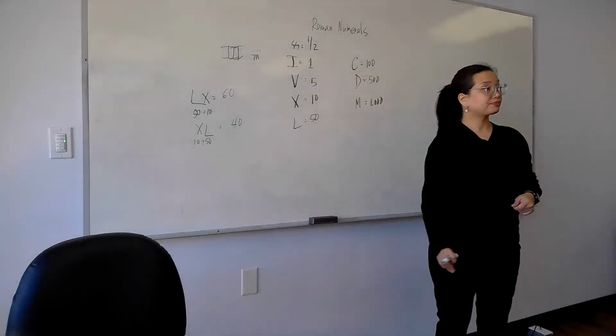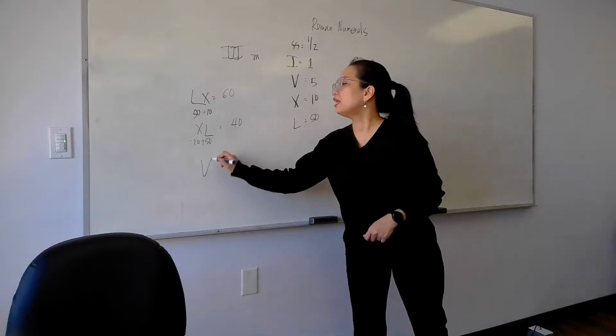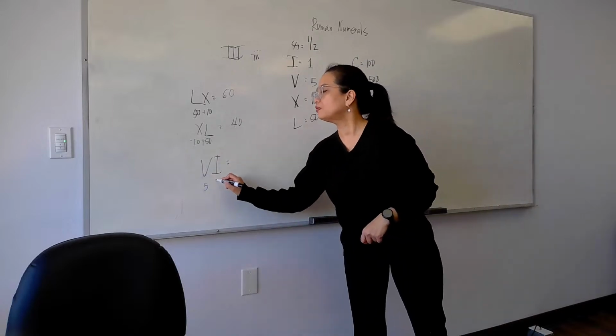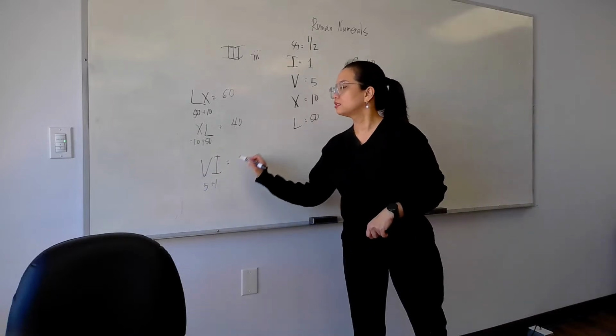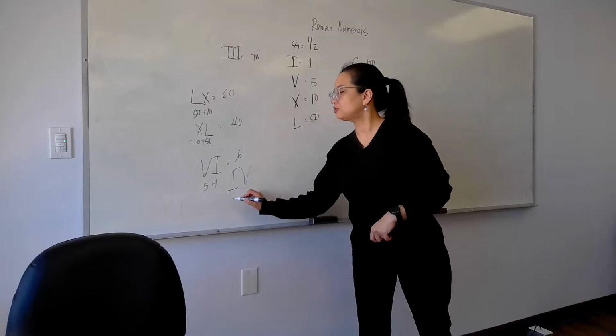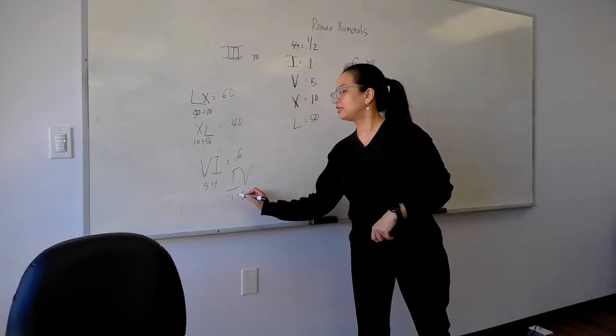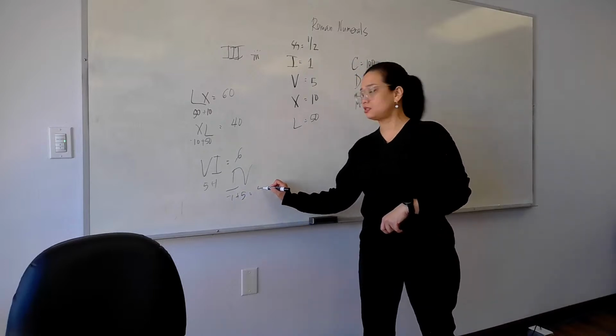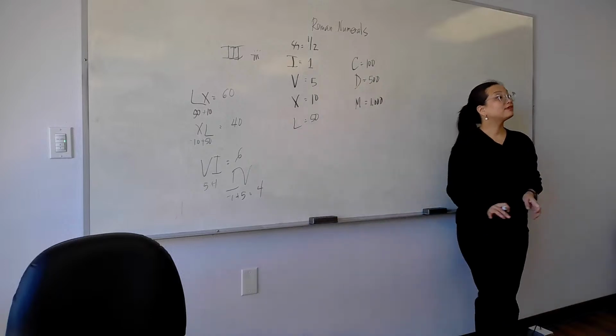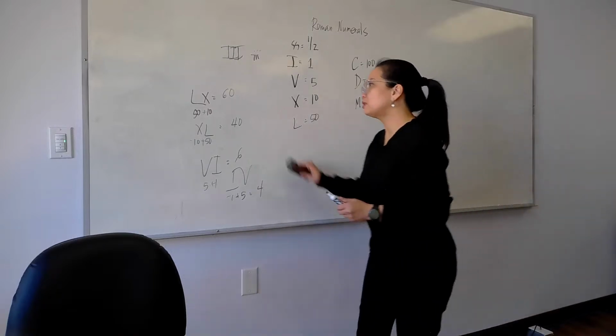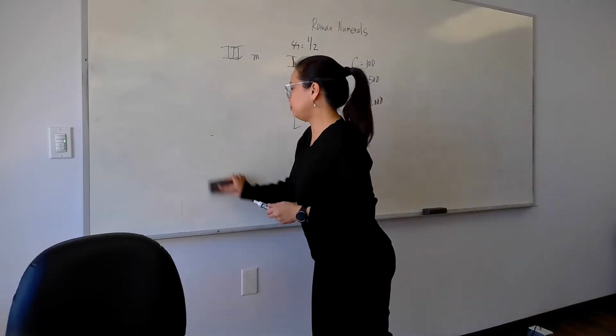You follow? Okay. VI is 5 and 1. So it's 6. IV becomes 1 and 5. This carries a negative sign, so it becomes 4. You follow? Okay.